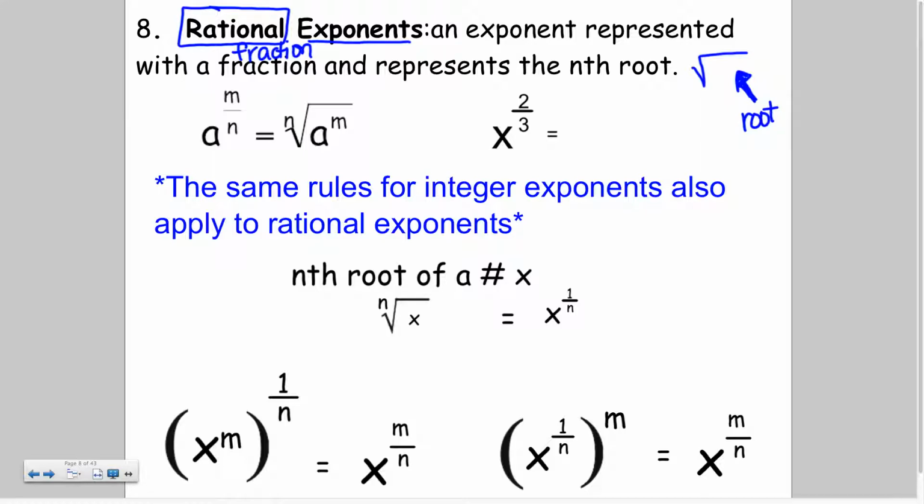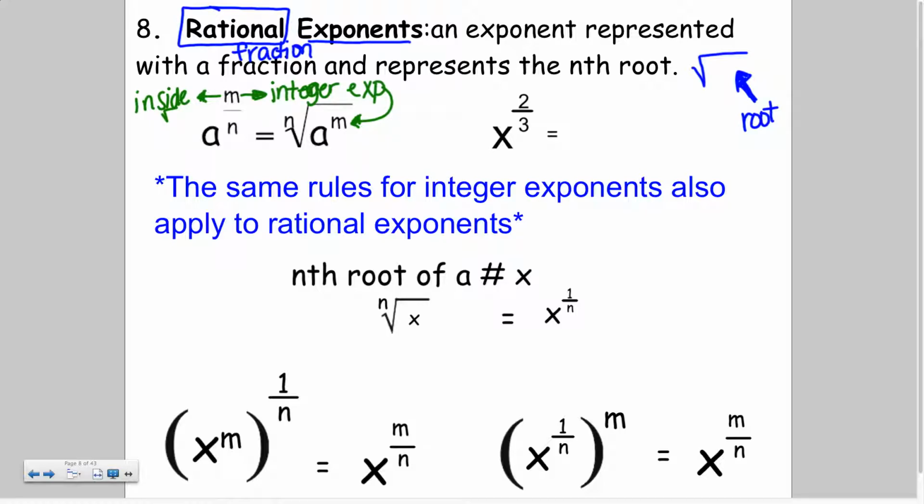So the first thing that you need to know is that your m, or your top one, in this case m, is your integer exponent. And that means it's going to go on the inside, okay? So this one means inside, so inside the root.